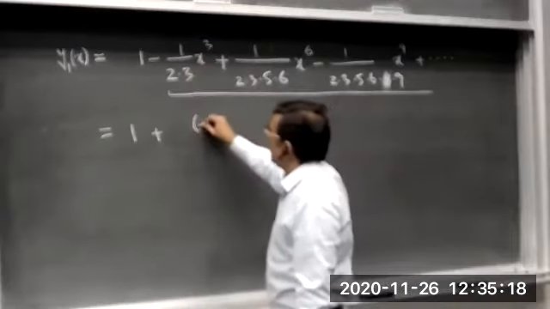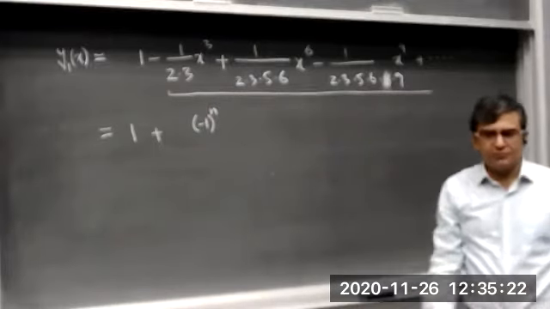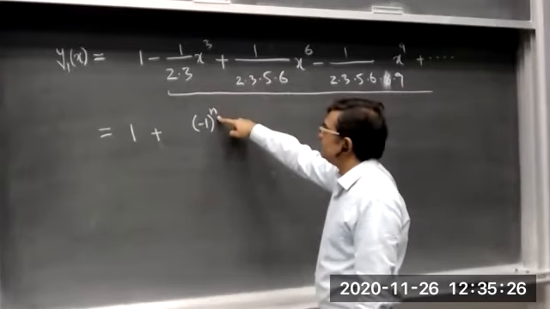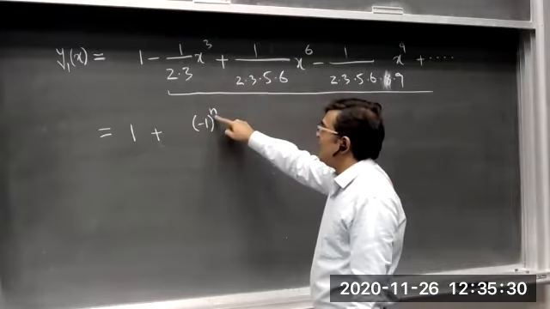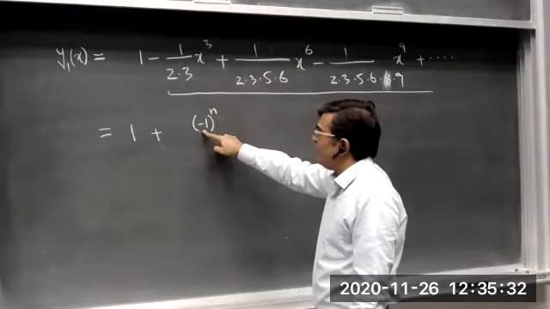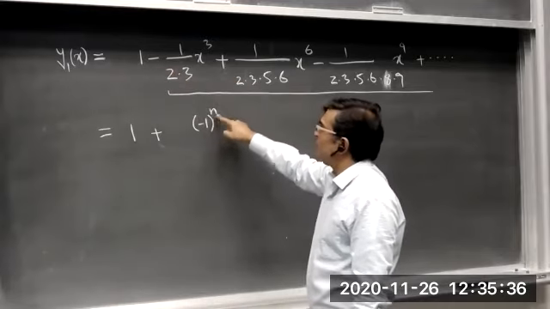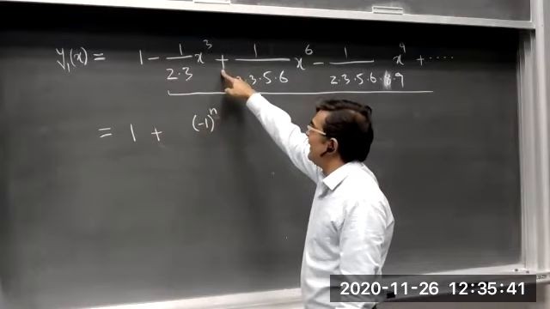Sign is alternating, so there must be minus 1 raised power n in the general term. When we put the values of indices from 1 to infinity, when we put n is equal to 1, we'll get minus 1 raised power 1, we get negative. And when we put n is equal to 2, minus 1 raised power 2 is plus, so we'll get plus here.